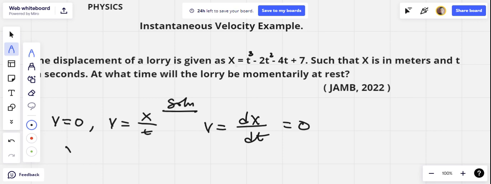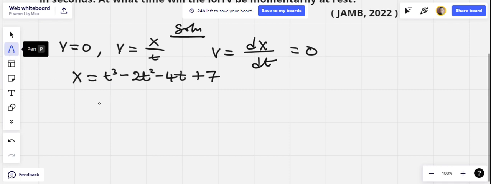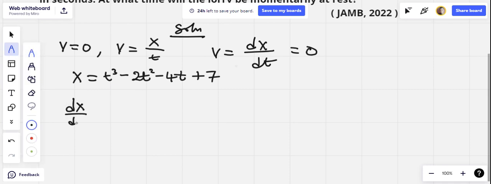So now we have that our displacement x equals t raised to power 3 minus 2t raised to power 2 minus 4t plus 7. So for us to do dx/dt, differentiating this will be this power times the coefficient of t.